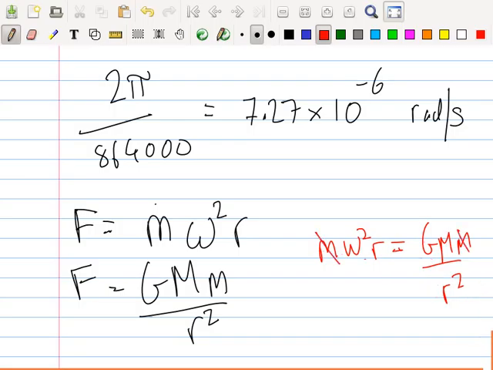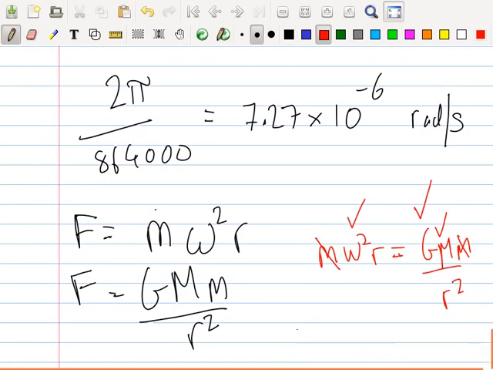We know omega. We know G. This big M, what's this? That's for the Earth. We know this. So what do we not know? R. So I'll just say R cubed equals GM over omega squared. So I want then the cube root.